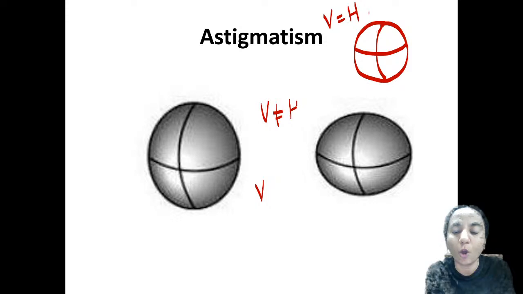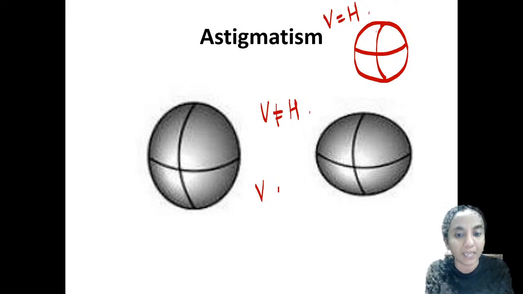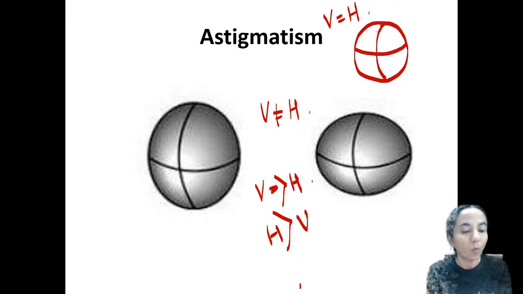That is, the vertical and the horizontal curvatures, or the two principal meridians of the eye, may not be equal. You may either have a vertical which is more curved than the horizontal, or you may have a horizontal which is more curved than the vertical.